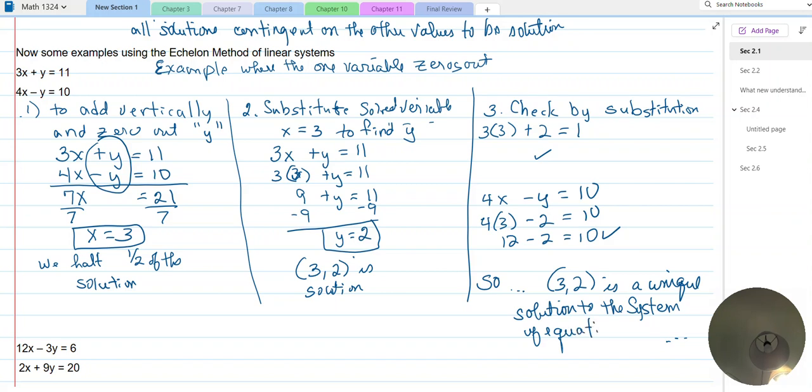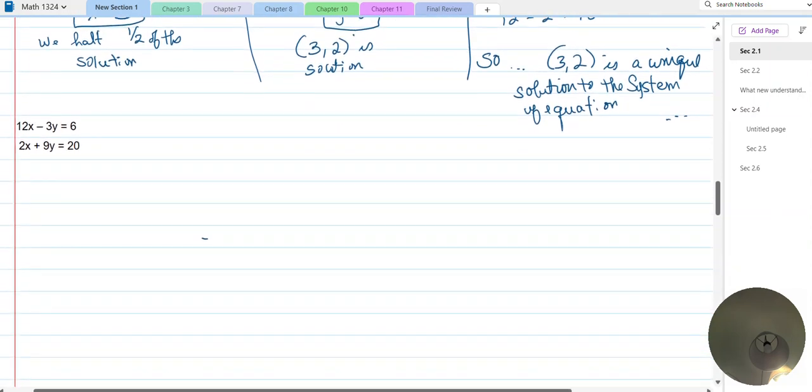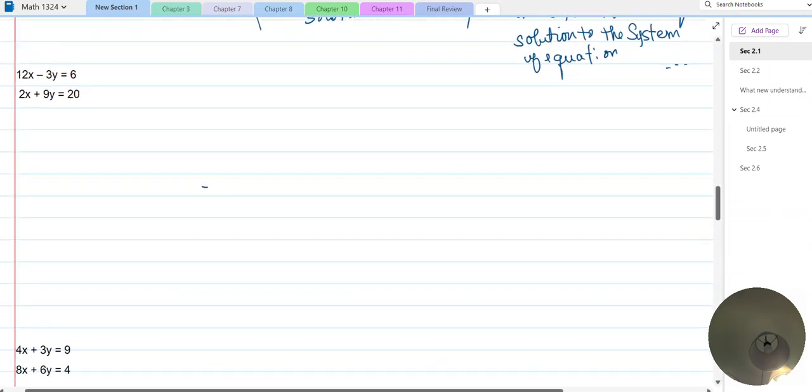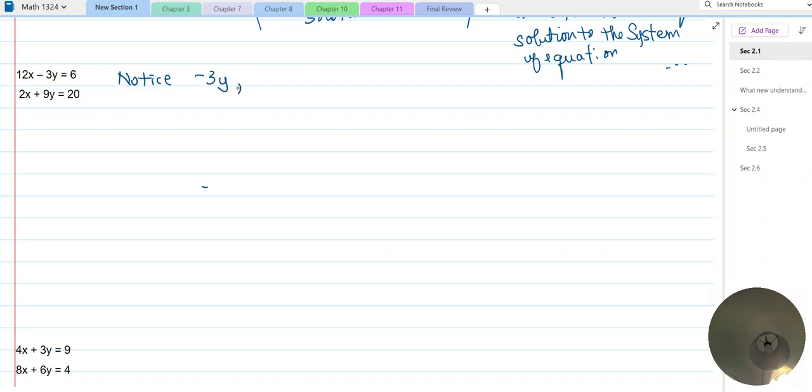Nothing hard. Now remember, I'm in instructional mode, but you need to be categorically thorough, and so that's what I'm being for you. So we have another example, and we notice negative 3y and a 9y, but we need this to be a 9 to zero out.